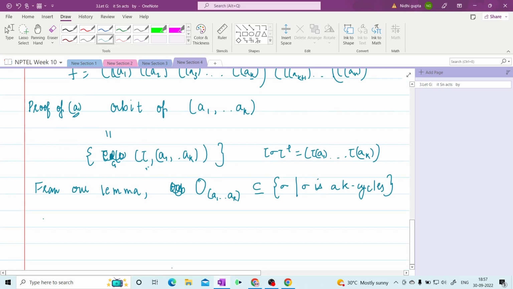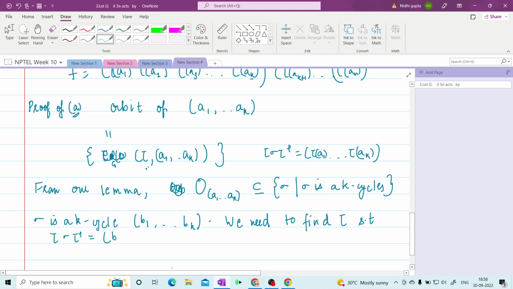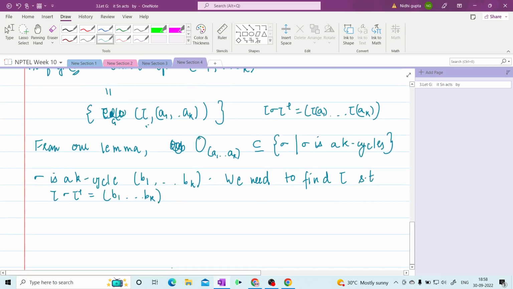So suppose sigma is a k cycle, say b1 bk. We need to find tau such that tau sigma tau inverse is equal to b1 bk. And from the previous lemma only we know how we can construct our tau.